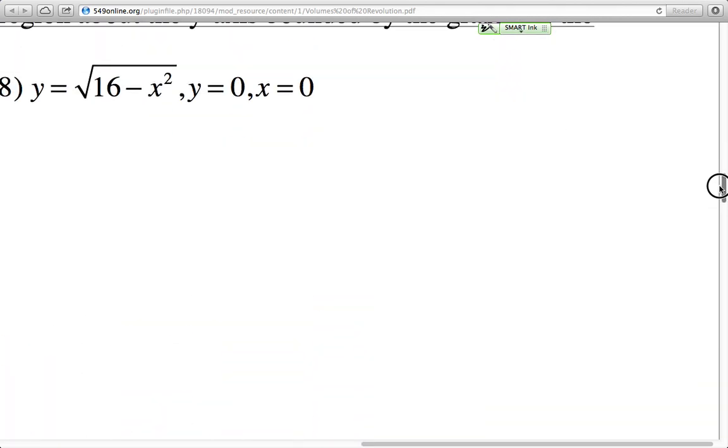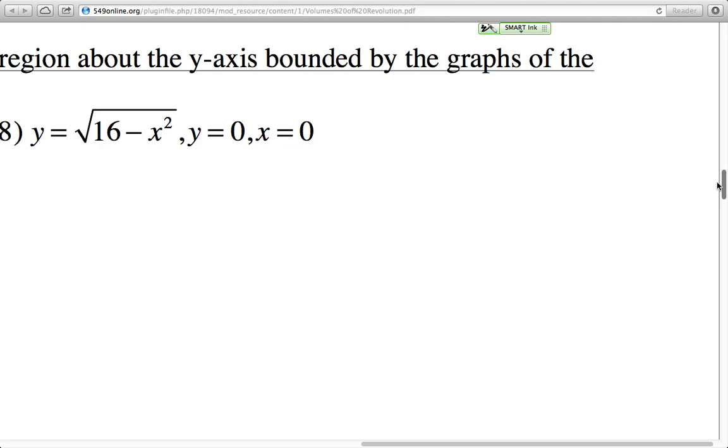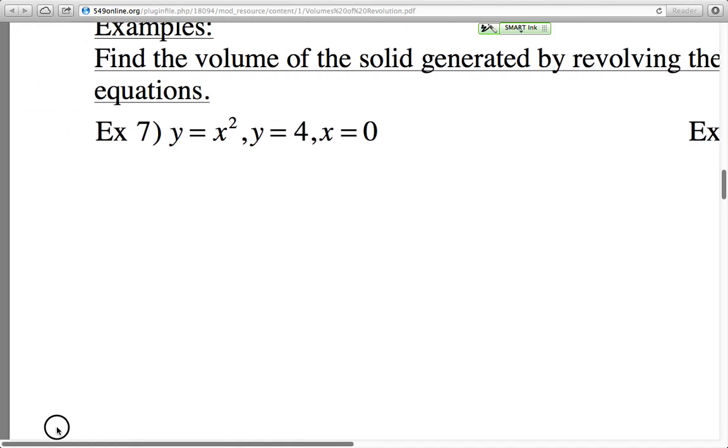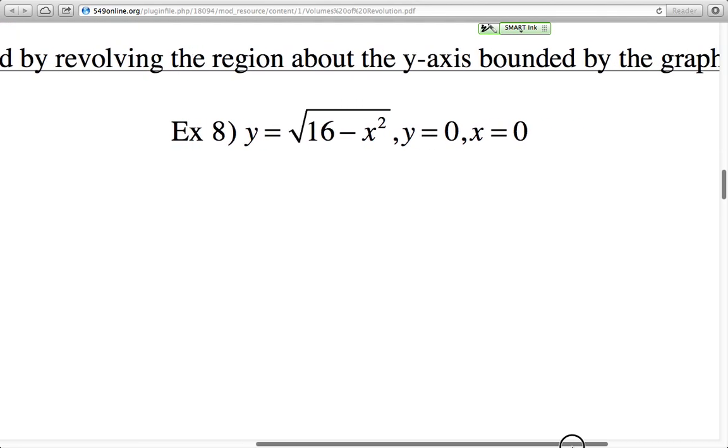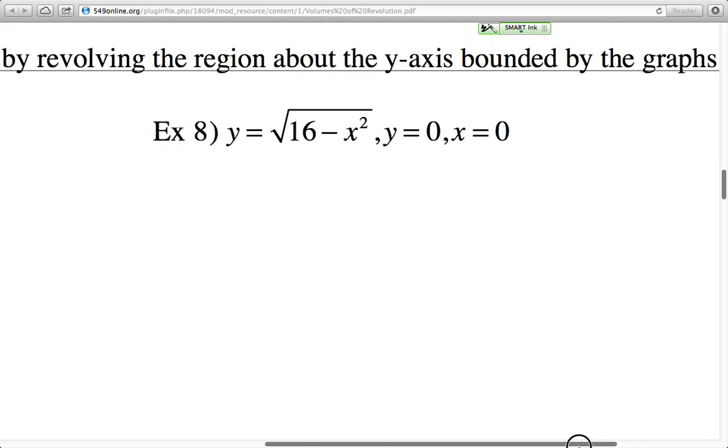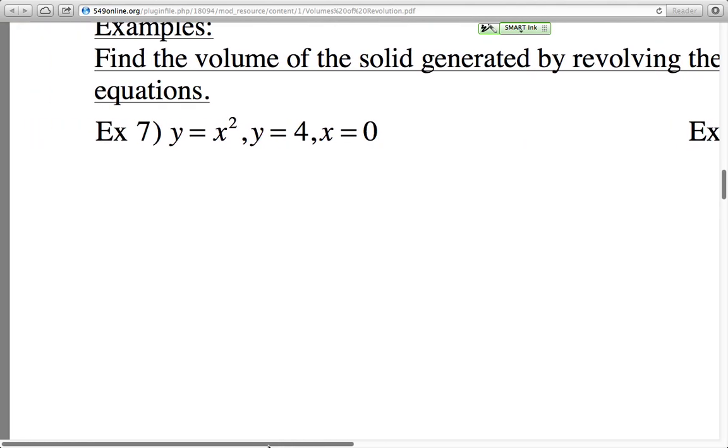Sorry, I erased. Now we're going to rotate around the y-axis. The next set of directions say: find the volume of the solid generated by revolving the region about the y-axis bounded by the graphs of the equations.